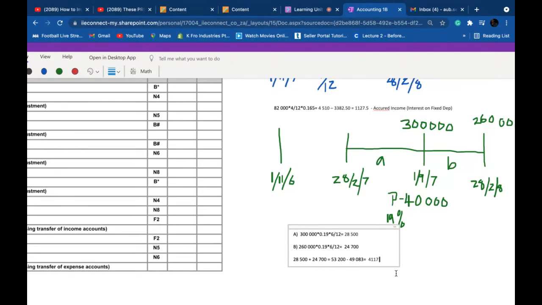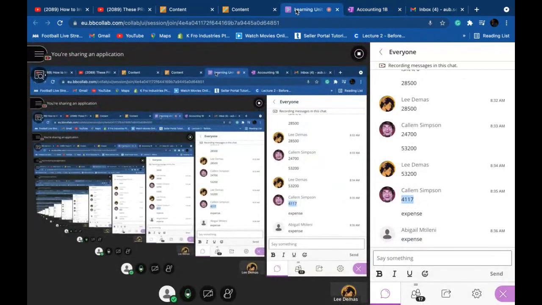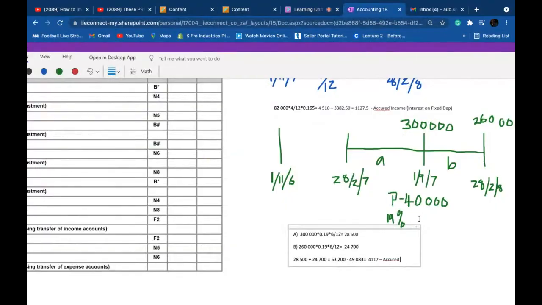Like I told you, accrued simply means someone owes someone. So this is accrued what, guys? See what the people are saying. Thank you, Callum. Thank you, Abigail. 100% right. It's accrued expense. We owe this money. We know that interest expense is obviously an expense.